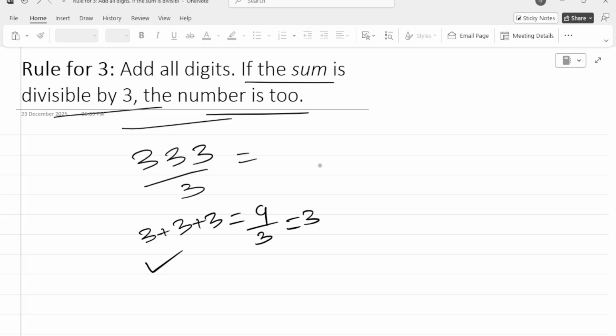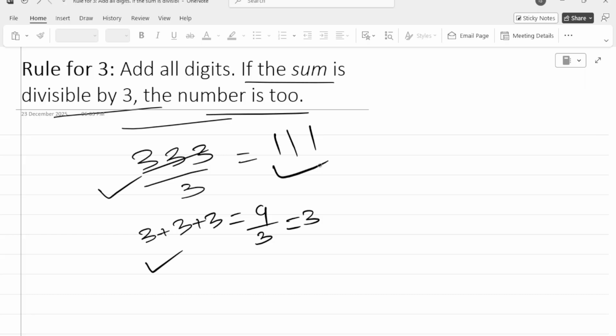That means it is completely divisible by 3. Let's see, 3 ones are 3, 3 ones are 3, and 3 ones are 3. You can take any number: if the sum of its digits is divisible by 3, then the whole number is divisible by 3.